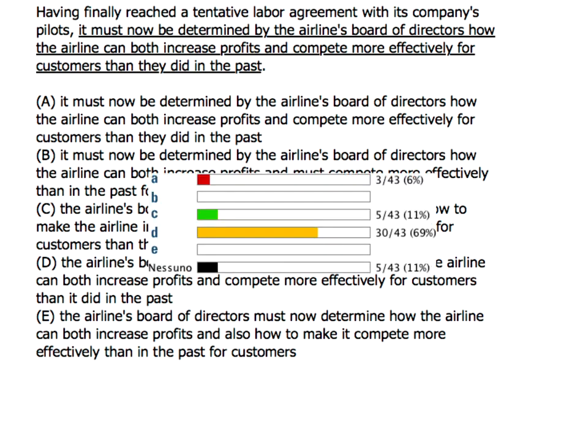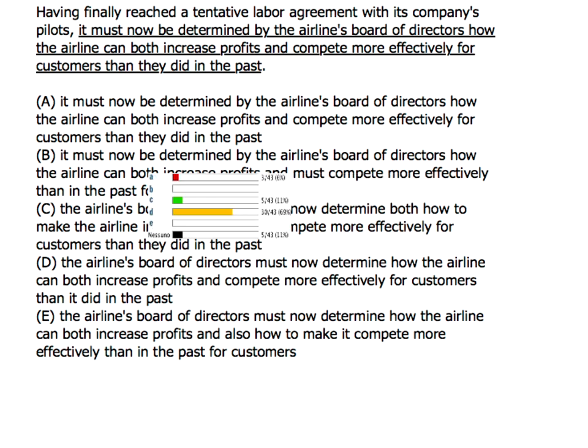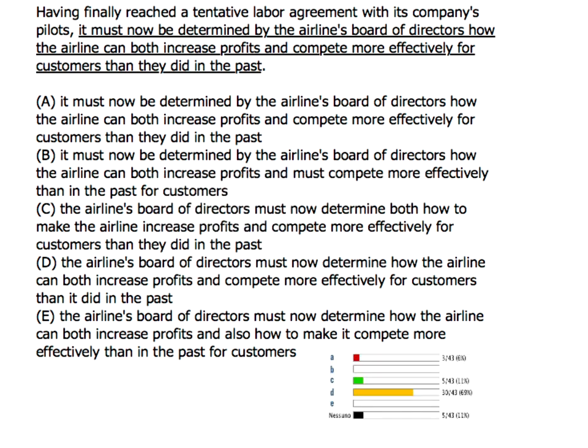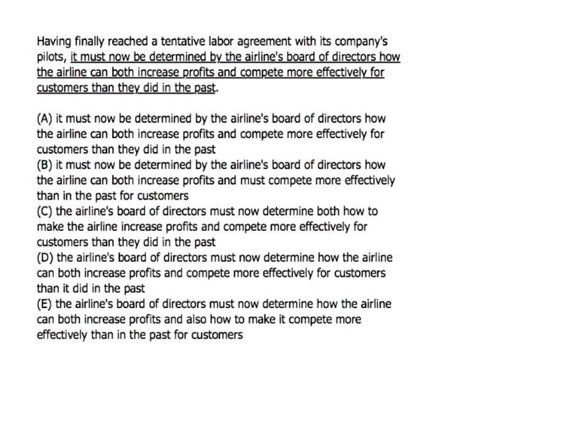This one you guys did pretty well on, so let's make it a quicker discussion. Not unanimous, but pretty strong spike there at choice D. So let's talk about it. Having finally reached a tentative labor agreement. That's a lot like coming home from school. And by the way, this is just to underscore the way that you should learn to recognize these things.